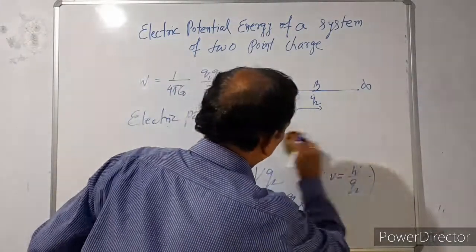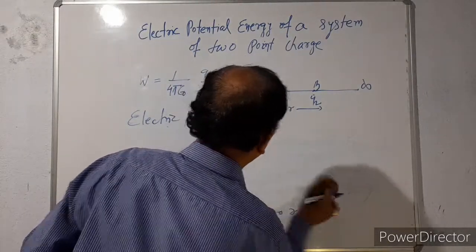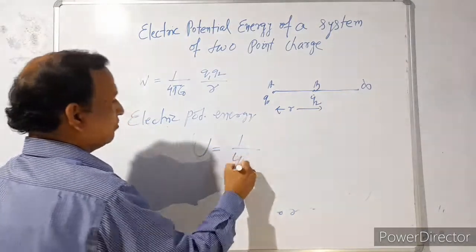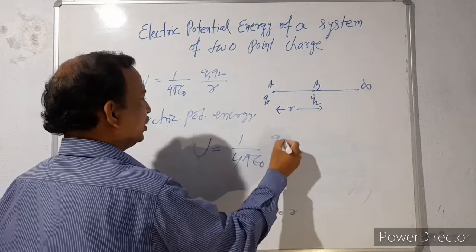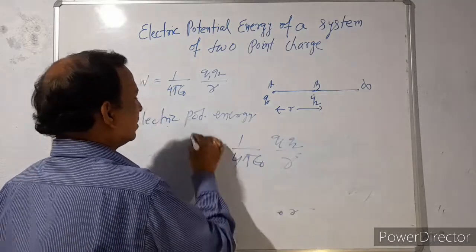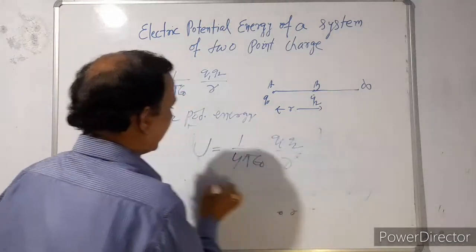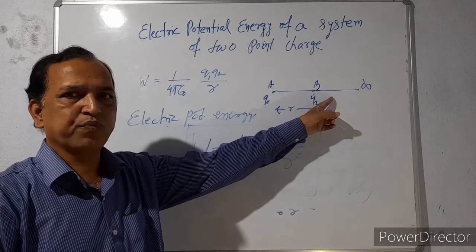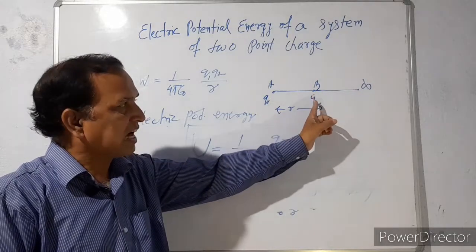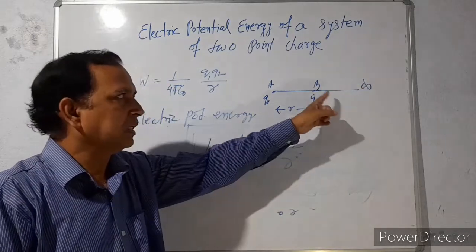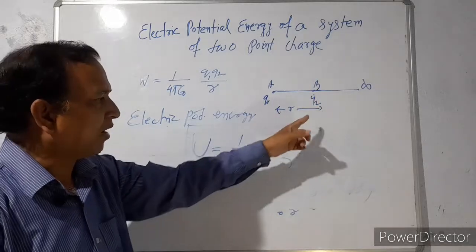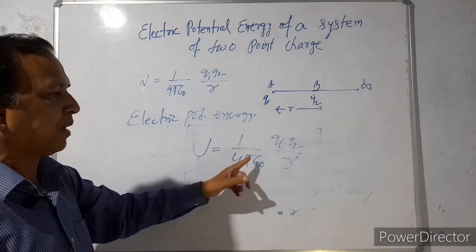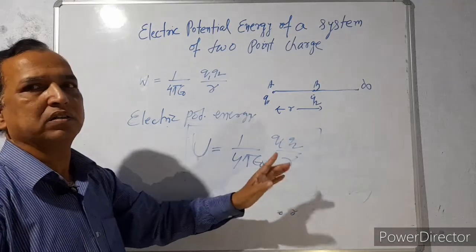The symbol is U. So U is equal to 1 by 4 pi epsilon naught Q1 Q2 by R. This is the potential energy at B. So as charge Q2 is moved from infinity to that point, we can find the work done, and the potential energy is equal to 1 by 4 pi epsilon naught Q1 Q2 by R.